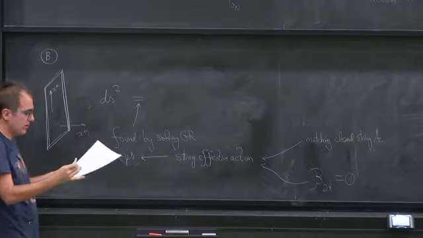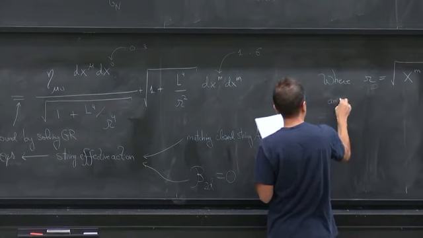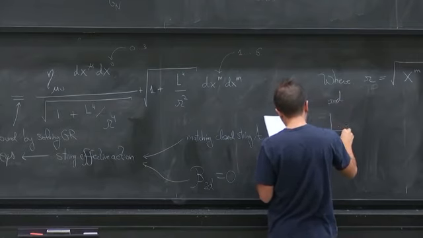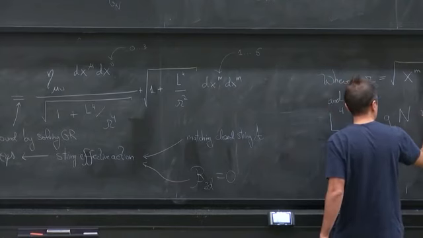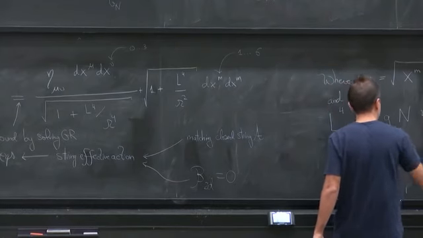That's the analog of this blackening factor in Schwarzschild, 1 minus 2 pi m over R, where R is the distance from the D branes, so it's the square root of x^m squared, and L is related to the charge, to how many D branes there are. So L to the 4 is equal to g string times N times 4 pi alpha prime.